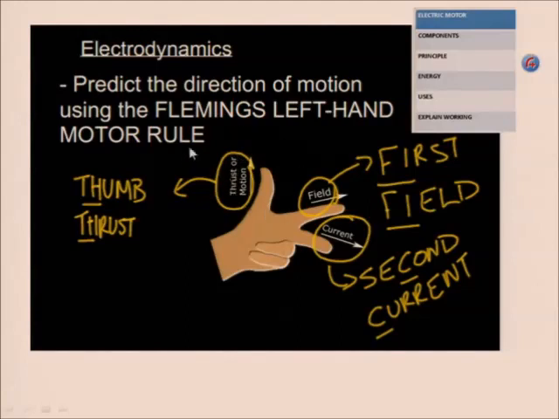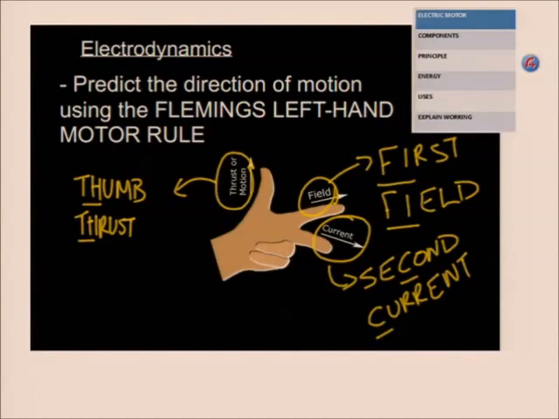The thumb is associated with the direction of motion, the force direction. Right? My first finger is the index finger. That is my magnetic field, and the middle finger, that is associated with the current in the conductor.